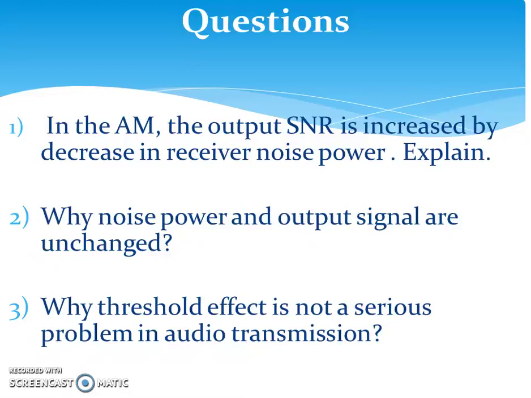Hence, the noise is strongest in the frequency range where the signal is weakest. The pre-emphasis circuit does not increase the transmitted signal power because for frequency modulation, the transmitted signal power S_T is identical to the unmodulated carrier power. The noise power N_0 at the demodulator input and the output signal power S_0 are also unchanged.